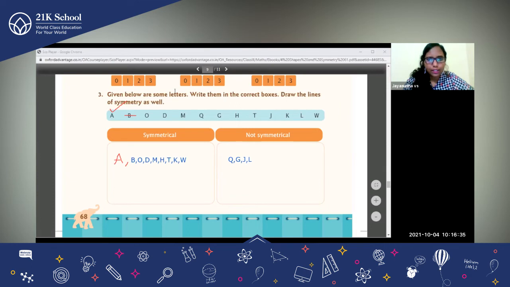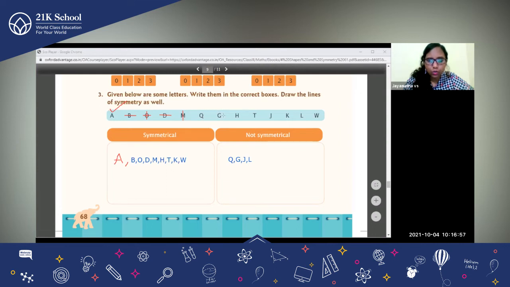So look at this, B we have explained. For O, we can take vertical as well as horizontal, yes? And for D, vertical is not possible, only horizontal. And for M, vertical.